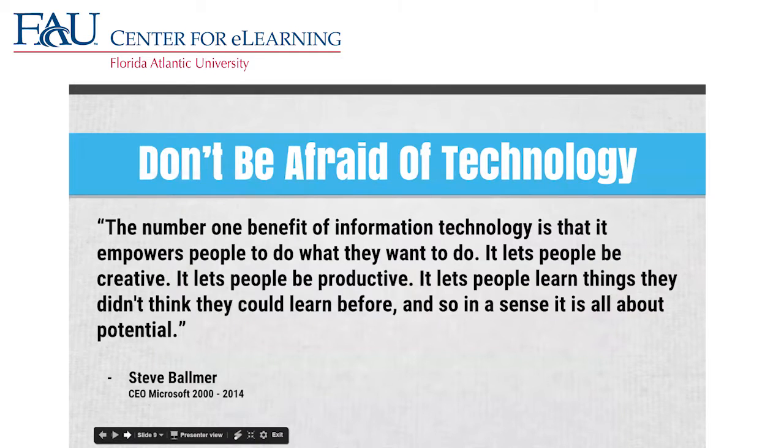Great. So I wanted to start off by saying, number one, don't be afraid of technology. This is an awesome quote by the former CEO of Microsoft. It says, the number one benefit of information technology is that it empowers people to do what they want to do. It lets people be creative, lets people be productive. It lets people learn things they didn't think they could learn before. And so in a sense, it's all about potential.